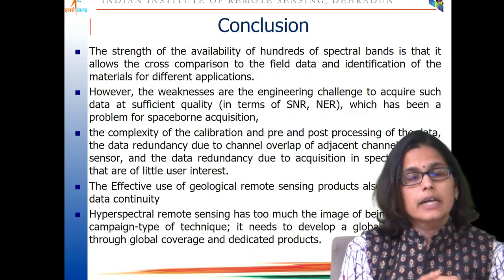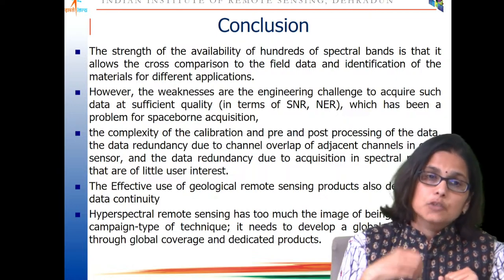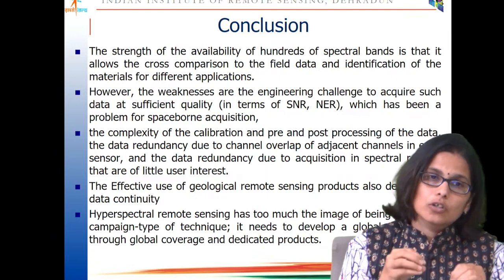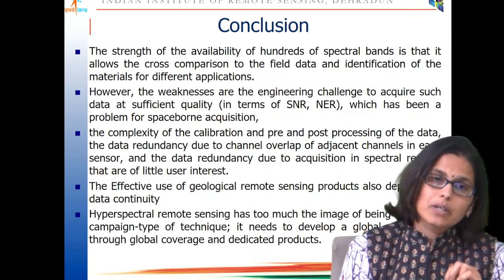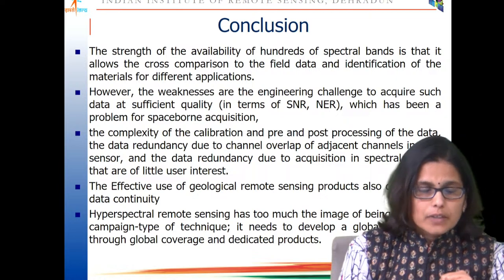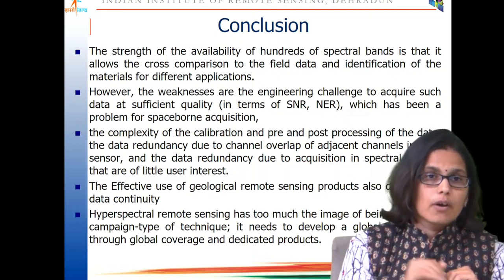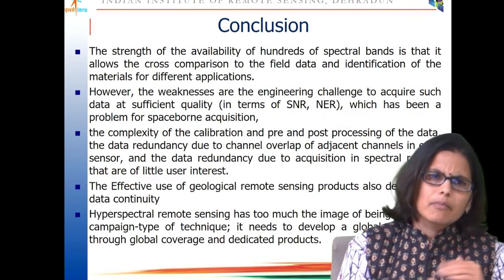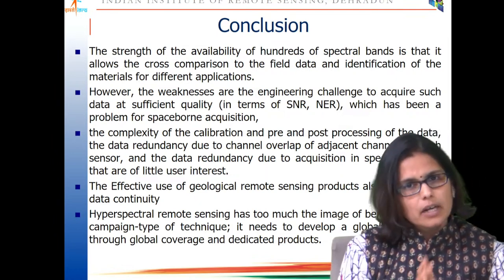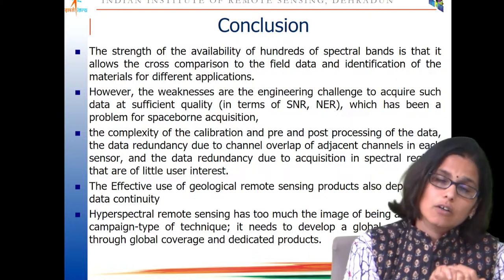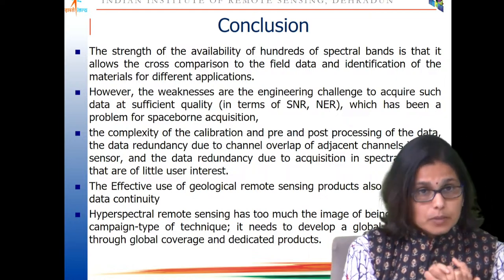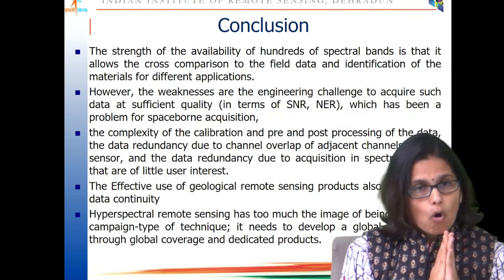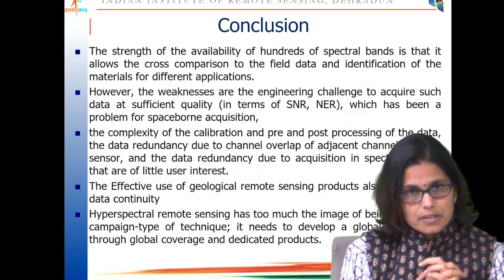Geobotanical guidance means a particular species is not normal. It is showing some anomaly because of a high percentage of some minerals in the soil, and because of that there is exceptional growth of a particular species. If I am able to get that anomaly, I will be able to comment something about the subsurface mineralogy, but if I am not able to get the signature of the surface material, I won't be able to get it.